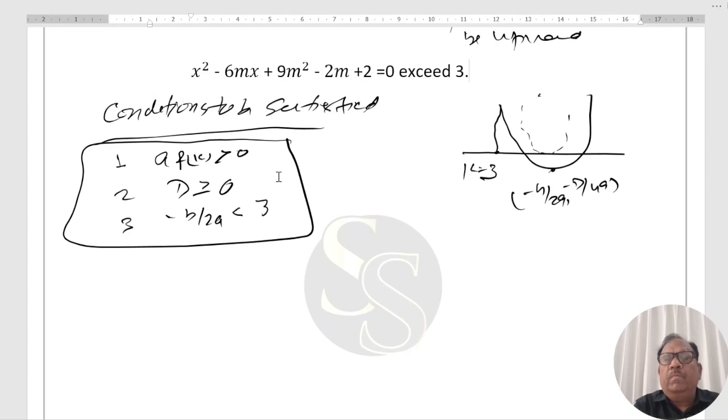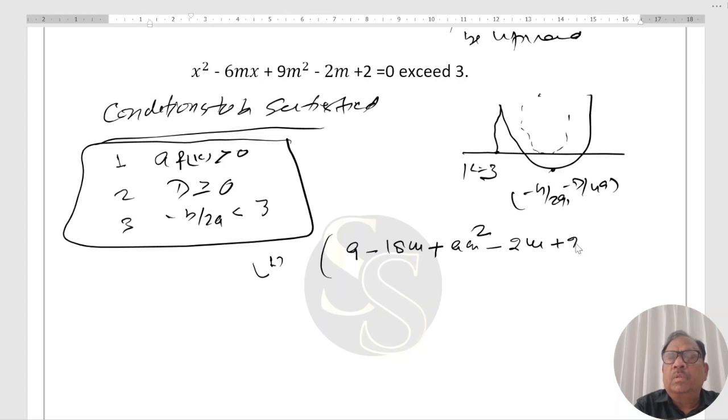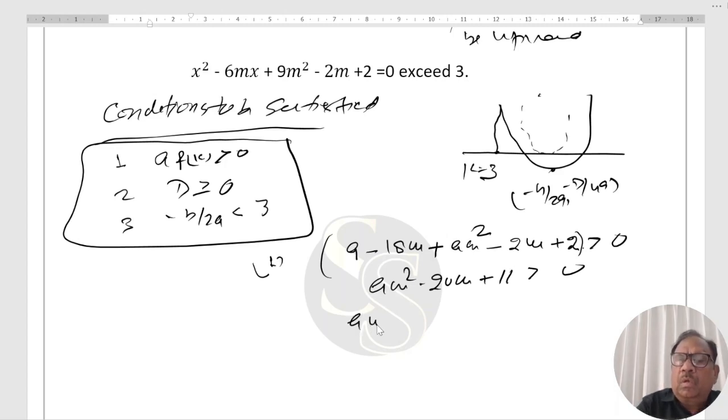A is 1. 1 into 3, 9 minus 18m plus 9m square minus 2m plus 2 should be greater than 0. 9m square minus 20m plus 11 greater than 0. 9m square minus 11m minus 9m plus 11 greater than 0.